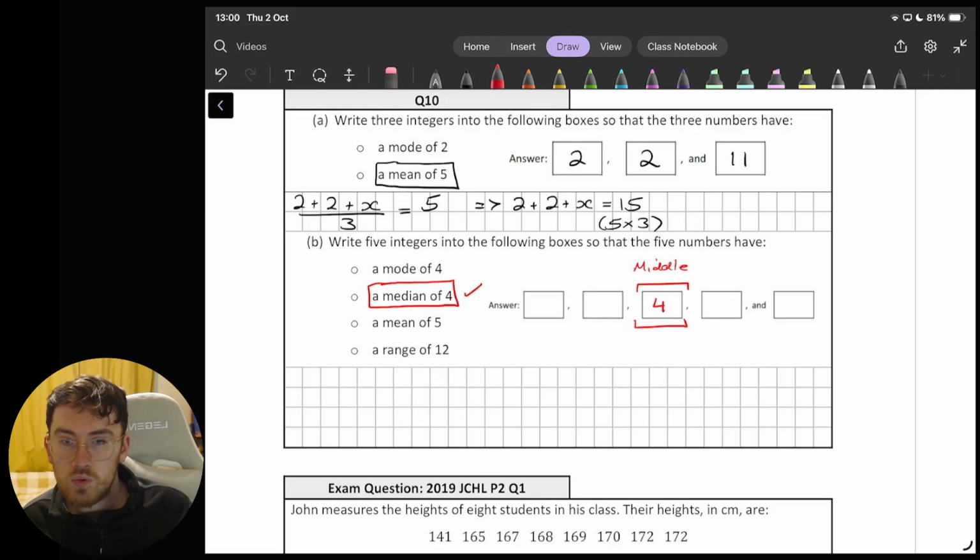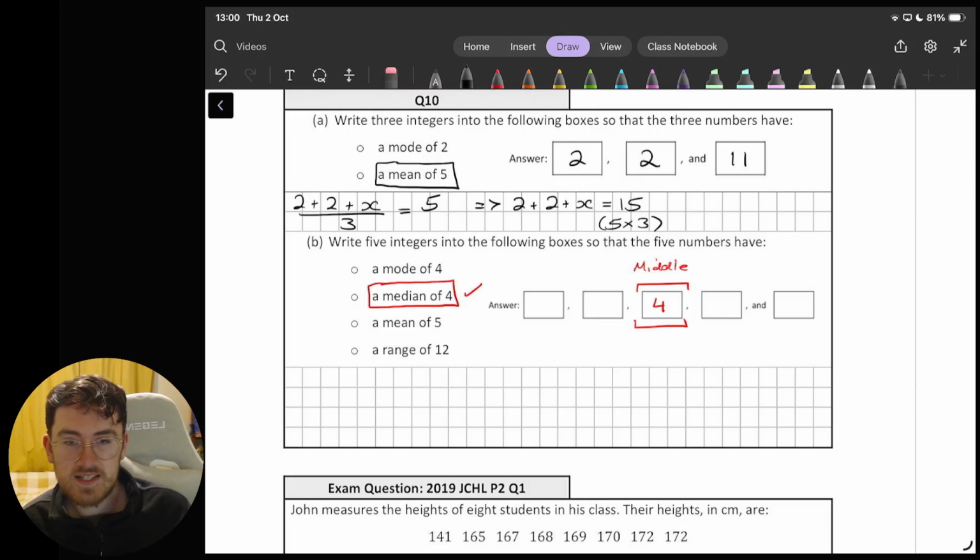We need a mode of 4 also, a mean of 5, and a range of 12. Okay, I'm expecting, because there are a few different elements or layers to this, that we'll be given a fairly wide range of numbers here that we would be able to choose from. So let's look at what we're seeing here. If I want a mode of 4, I know I need at least one more 4.